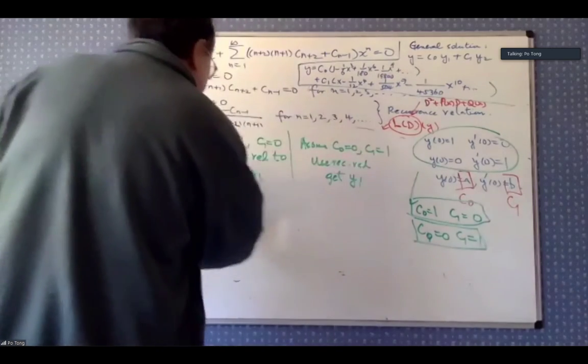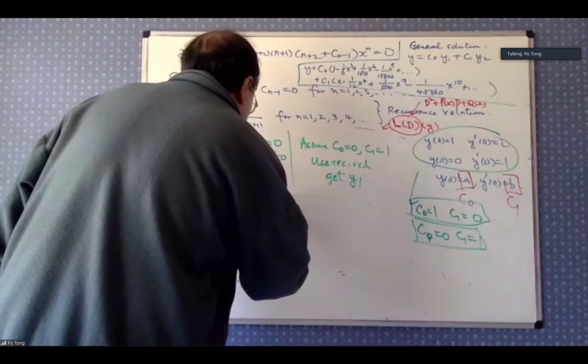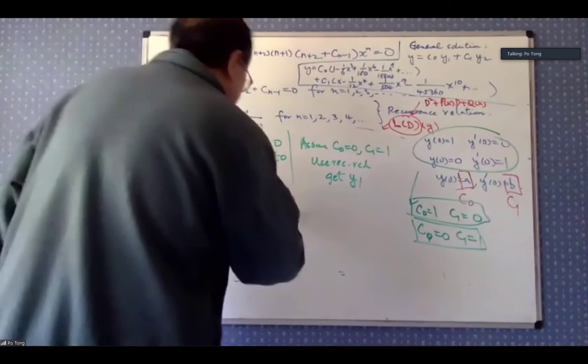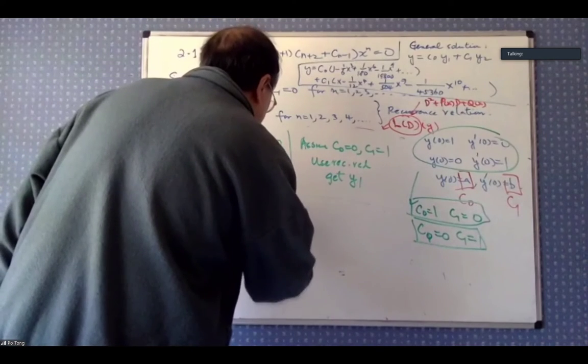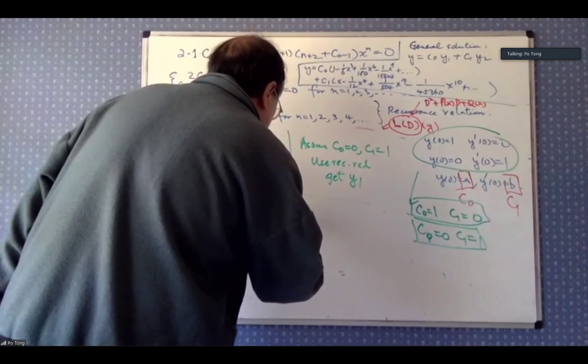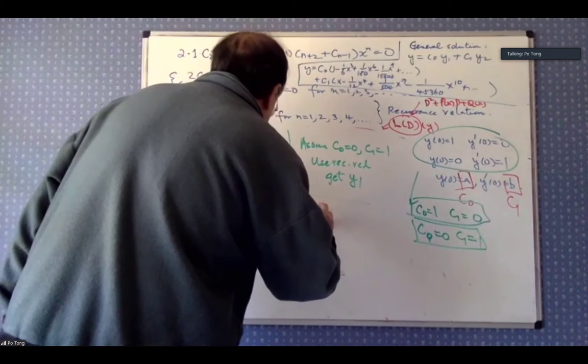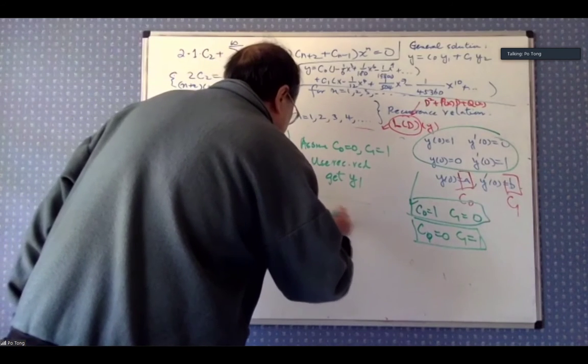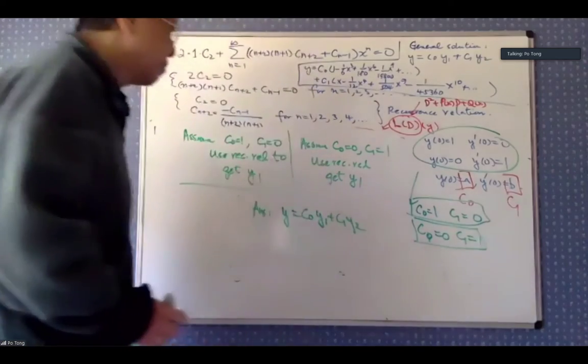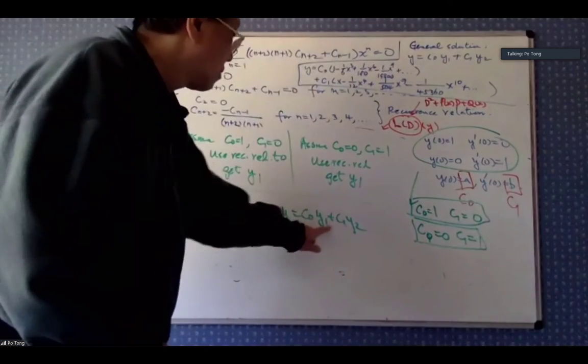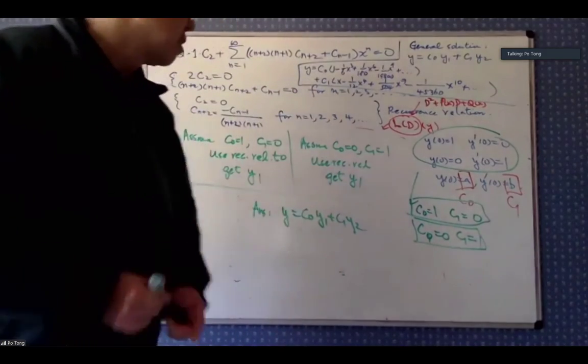And your final answer will be y equal to C0 y1 plus C1 y2. Okay, and this is the A and B. The C0 is A and C1 is B.